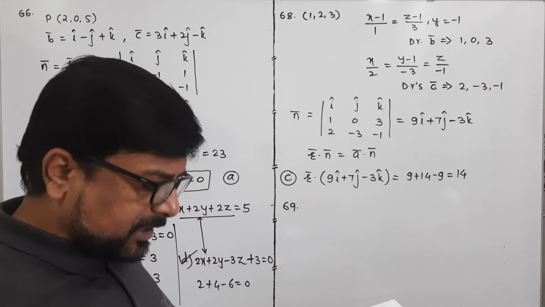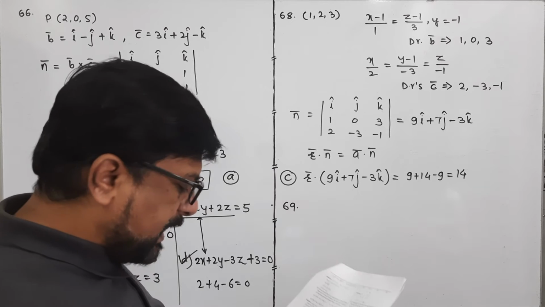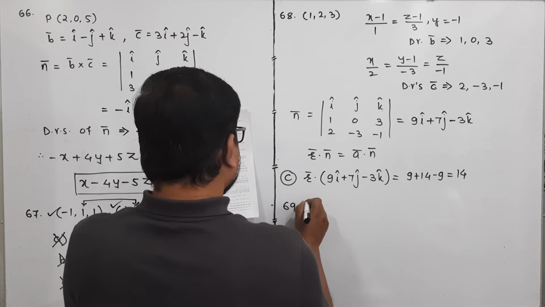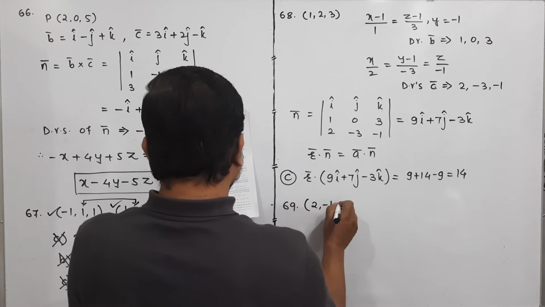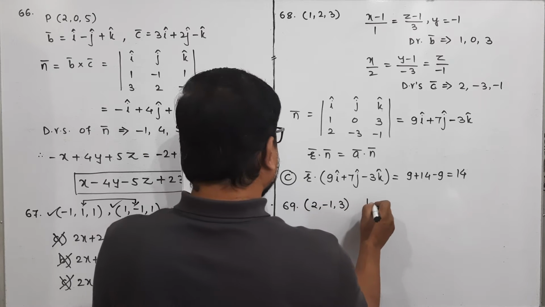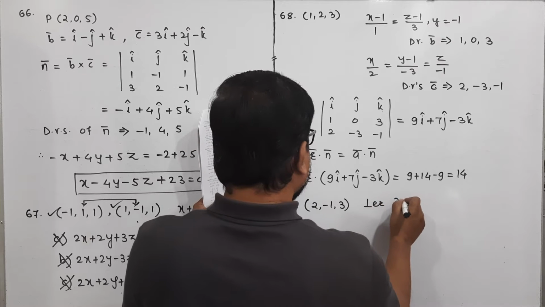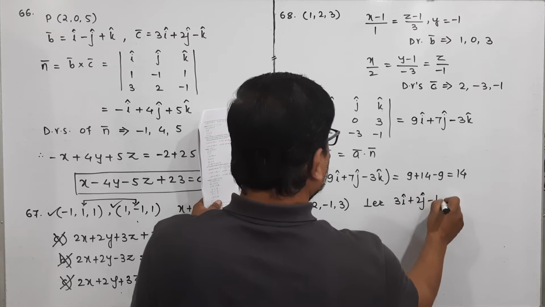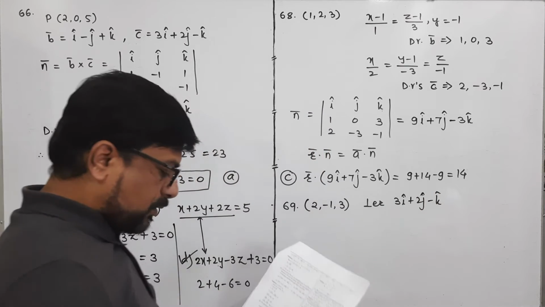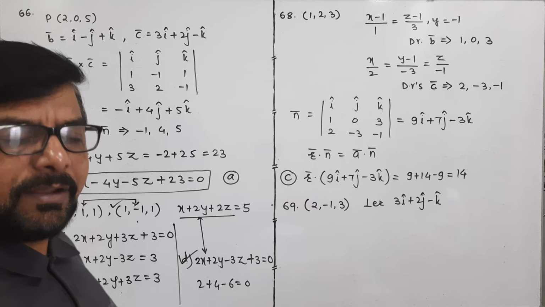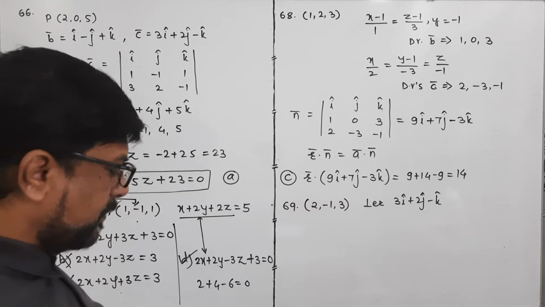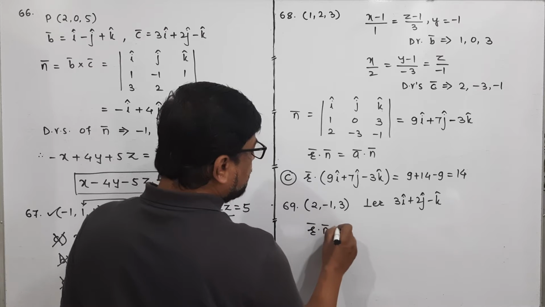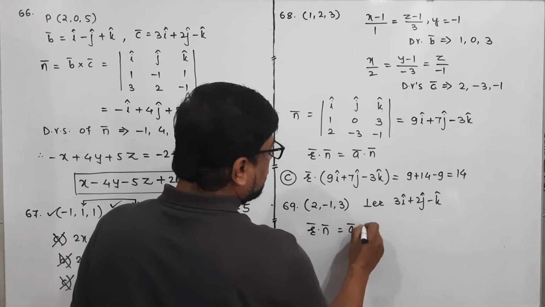After that, question number 69. Equation of the plane passing through the point 2, minus 1, 3 and perpendicular to the vector 3i plus 2j minus k is. Now look at the options, whether they are given in vector form or Cartesian form. It is vector form, so use directly r vector dot n vector is equal to a vector dot n vector.